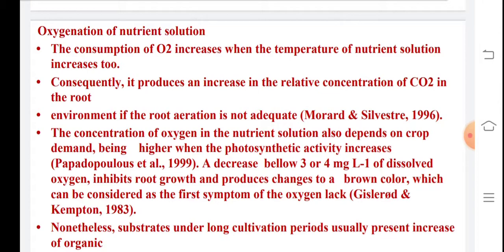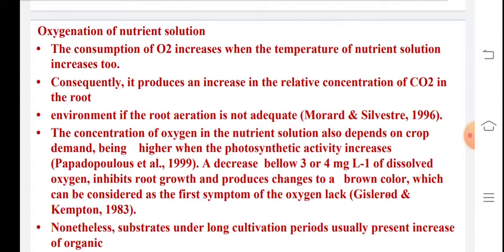Then oxygen in nutrient solutions generally depends on the crop demand, which is higher as the photosynthetic activity increases. It is also shown by scientists in 1999.